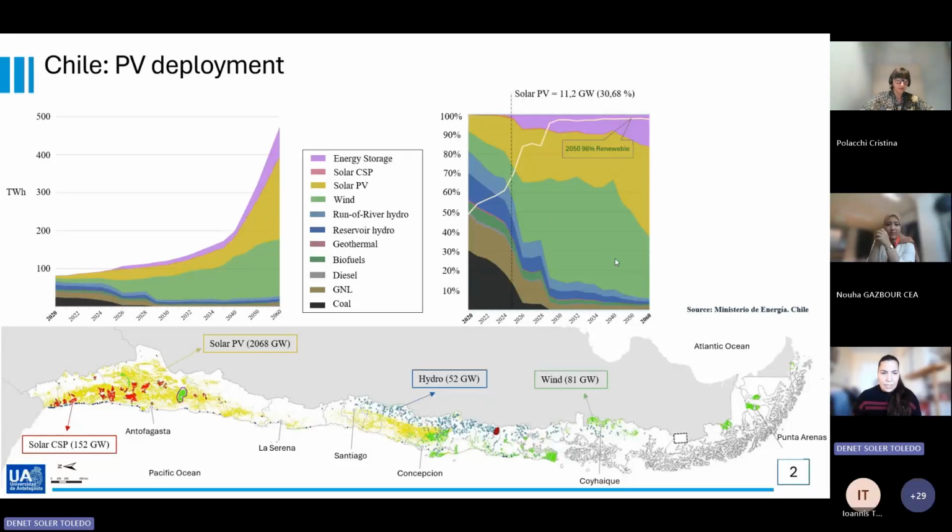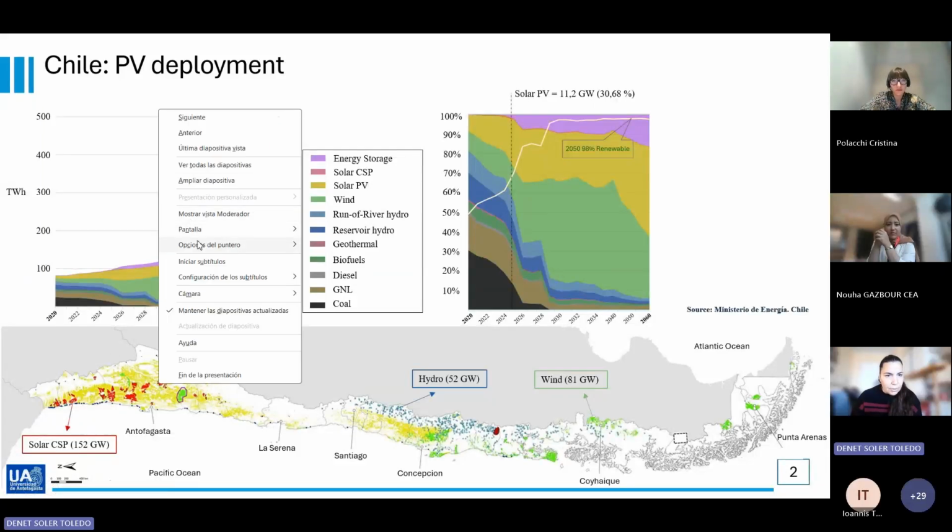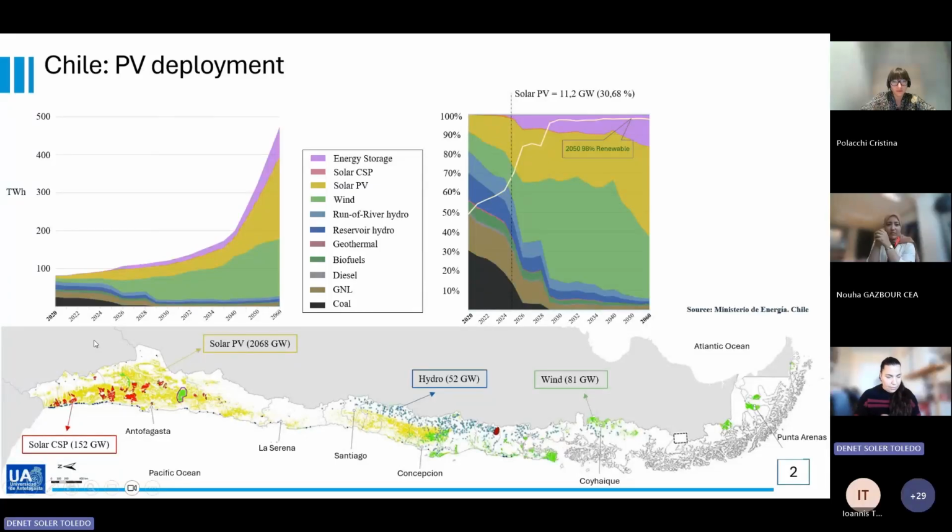Different regional studies, as you can see here in this figure, have calculated that there is a potential of more than 2,000 gigawatts, and all this capacity is possible to install in the north of Chile.